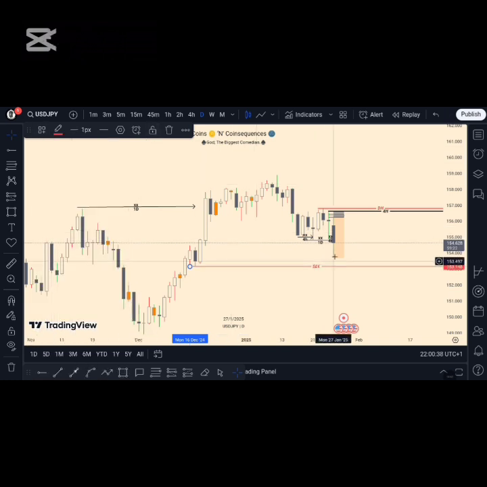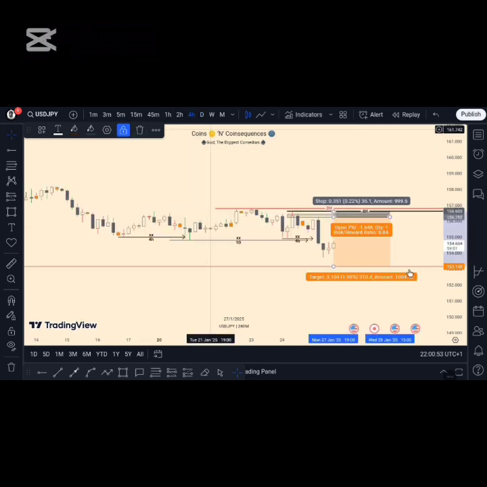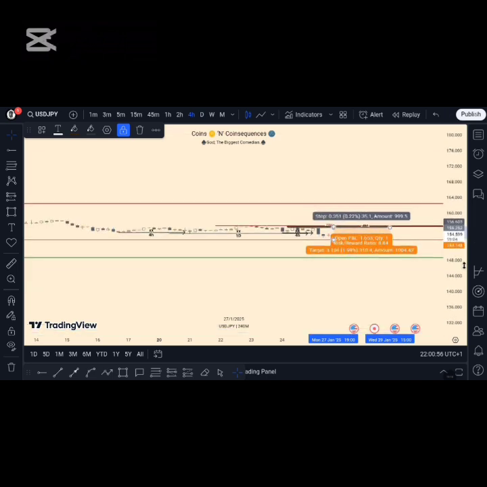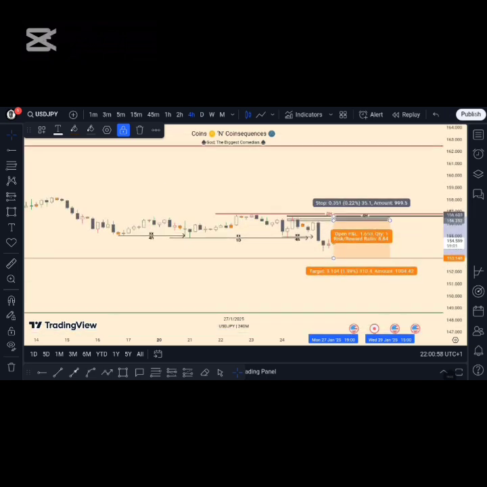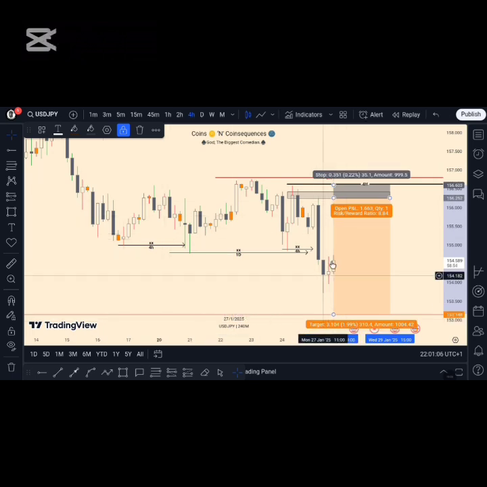So basically I'll be targeting here to exit the market. Well, you want to be tracking your trade on the 4 hours time frame anyway, because price can just come here and reverse. So you have to be conscious.